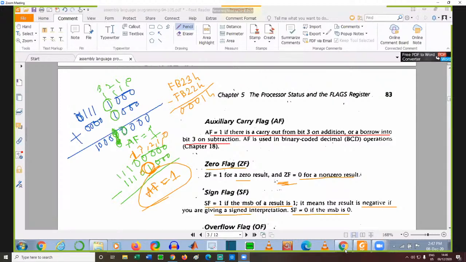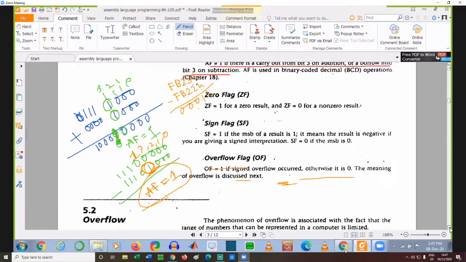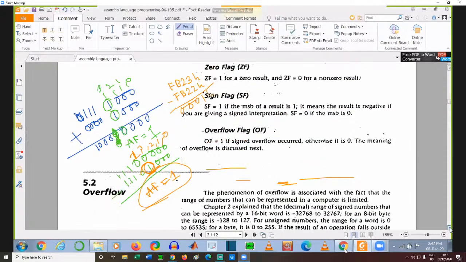So what can you say from this? SF equals 1 if the MSB of a result is 1, and SF equals 0 if the MSB is 0. If I give you a number, you say whether the sign flag will be 0 or 1.